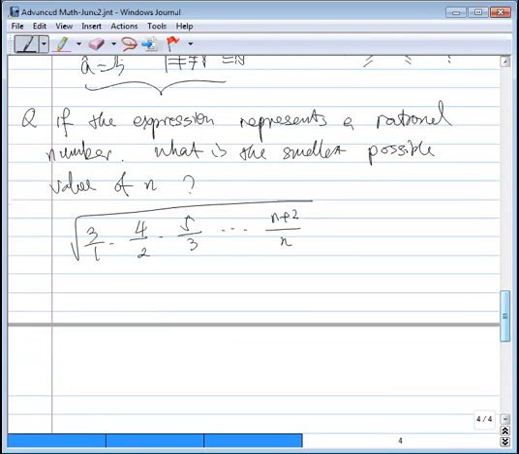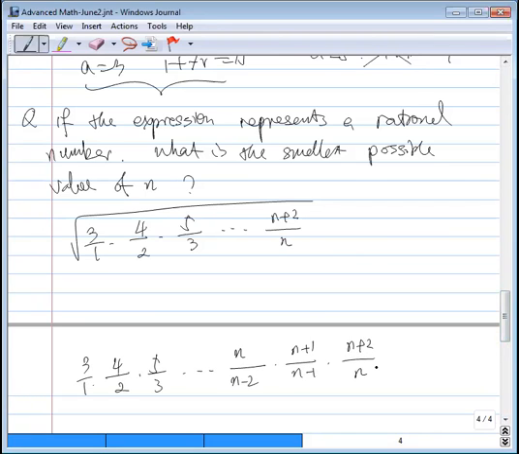So first of all, when you look at that, you find out lots of terms can be canceled out. That's why it's too complicated, right? There are so many terms there. Then when you look at the last term, it's 3 over 1, 4 over 2, 5 over 3, and this will be n over n minus 2, n plus 1 over n minus 1, n plus 2 over n.